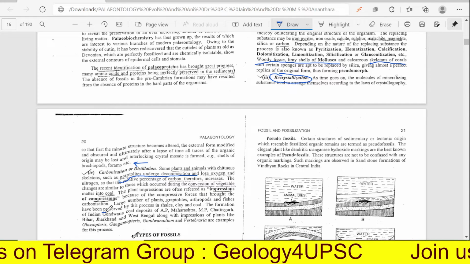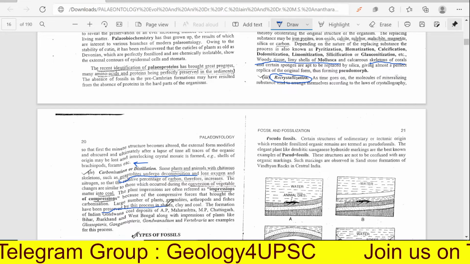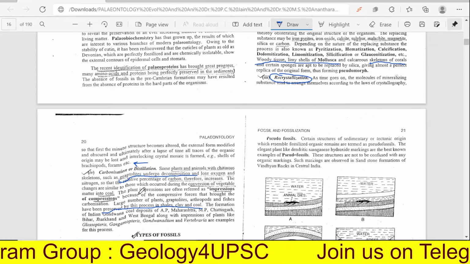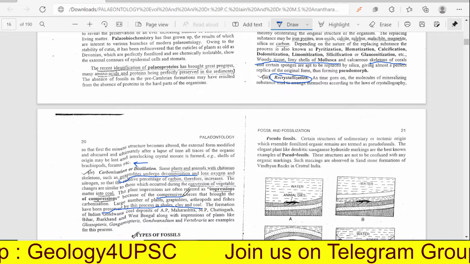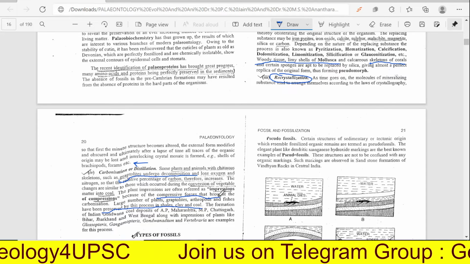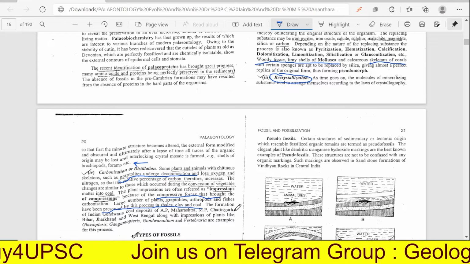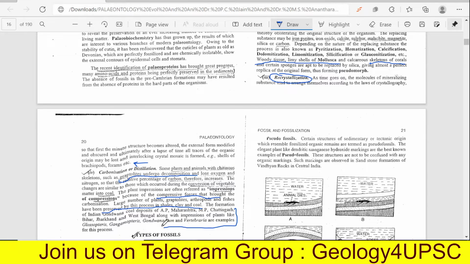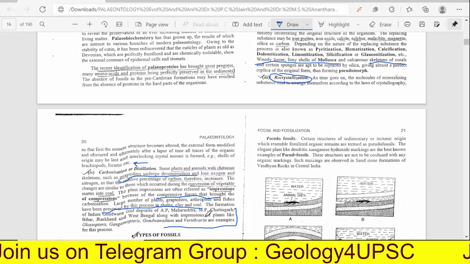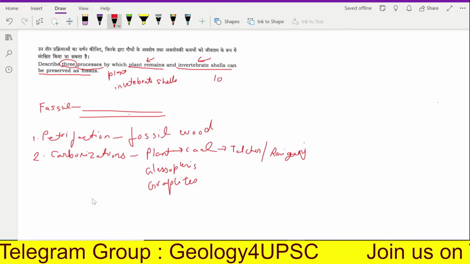They are preserved in shales, clays, and coals. And how does it happen? Due to compressive forces. This will form a part of the answer. See, here it is already written: the plants are Glossopteris, Gangamopteris, these things.